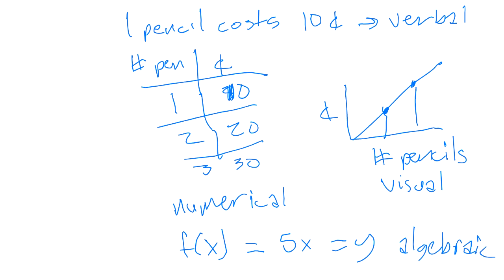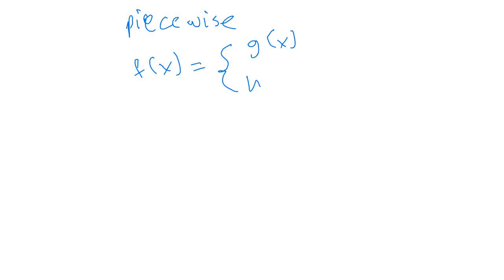Now that we have that, we can do a quick review of other types of functions. We have piecewise, which is just a set of multiple functions all put together. An example of this would be f of x created by a set of some g of x, some h of x, and however many we need, and each of these will have some specific domain.